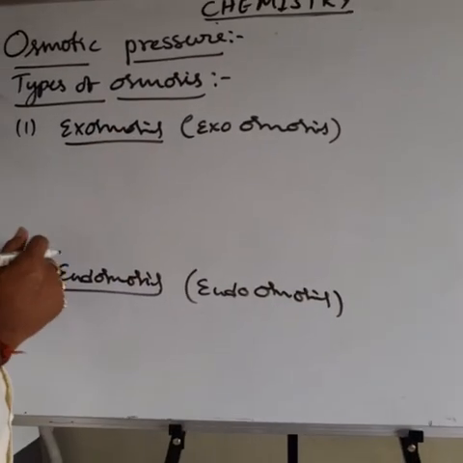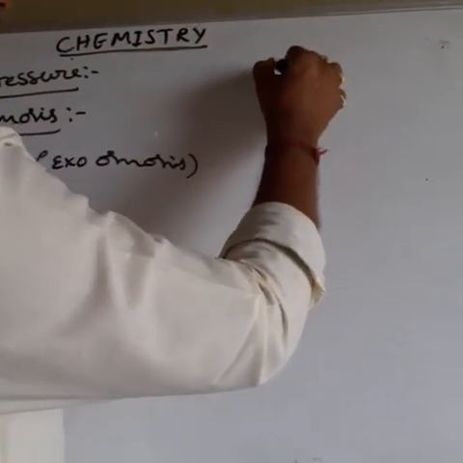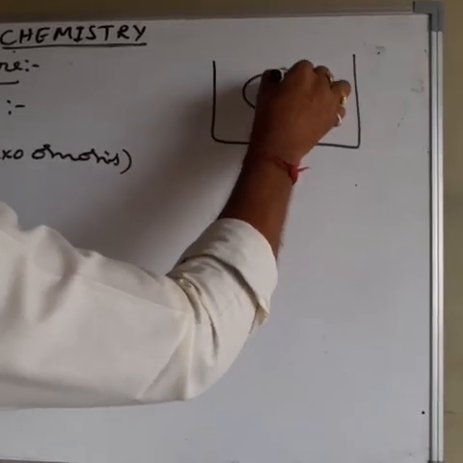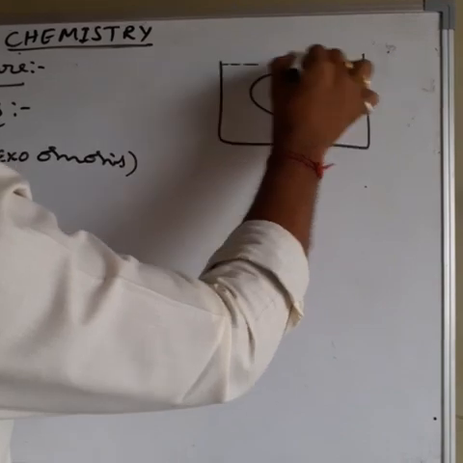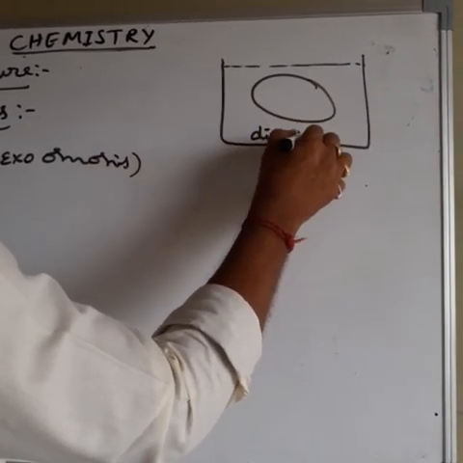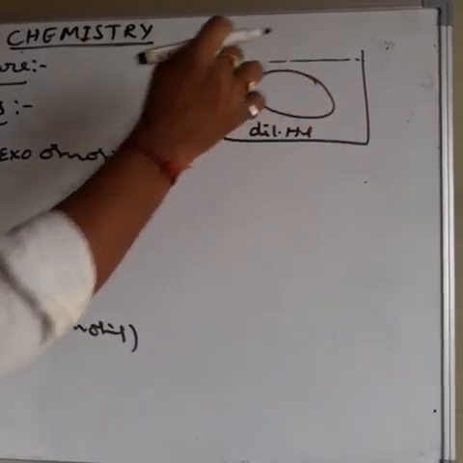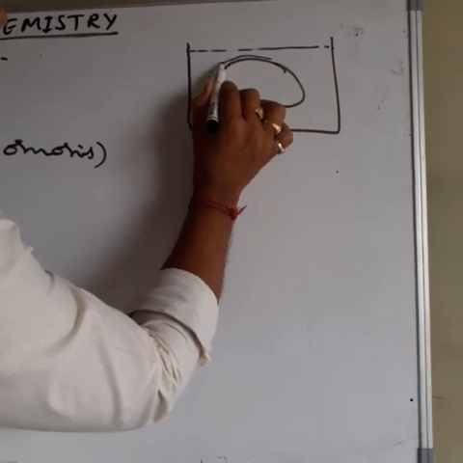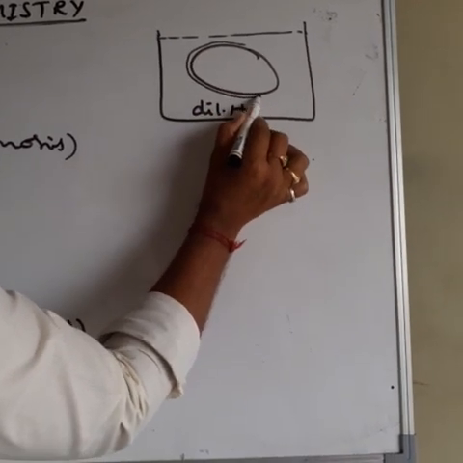Before going to exosmosis, first we take one egg and remove its outer skin by dissolving it in dilute HCl solution. The egg has a white outer layer, which is a calcium carbonate layer.